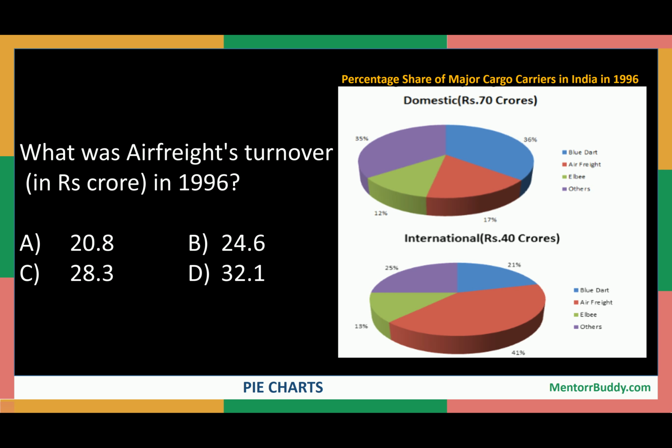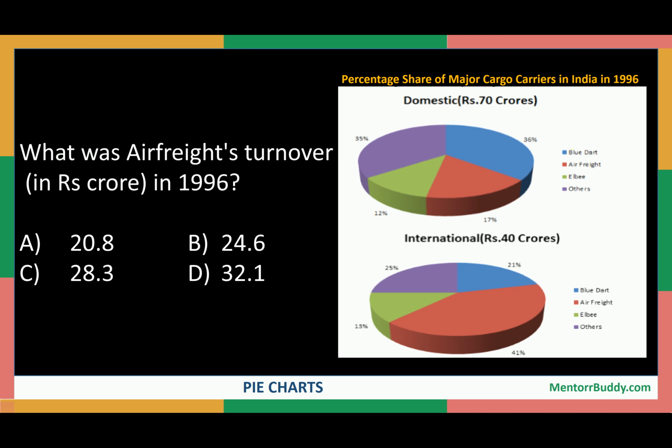Here you can see the pictorial representation in percentage, right? The total turnover is considered as 100%, and accordingly it has been divided into different percentages in the form of a circle.